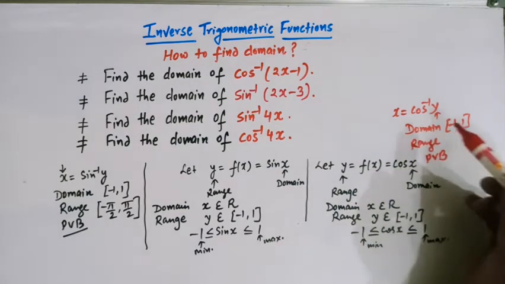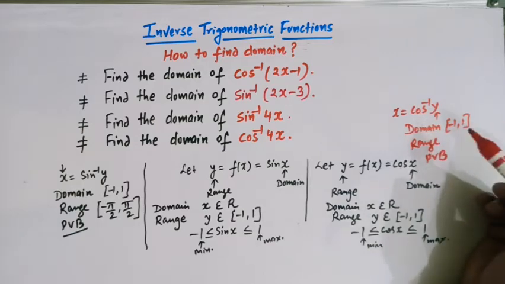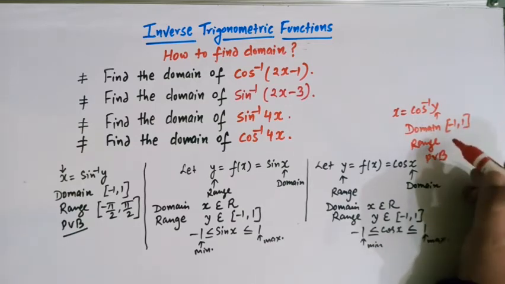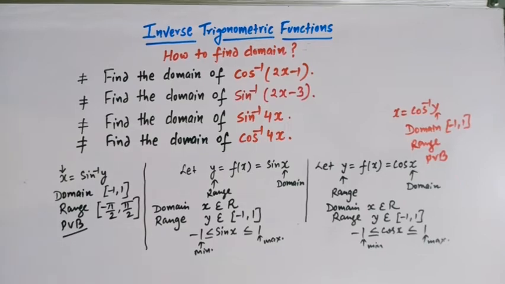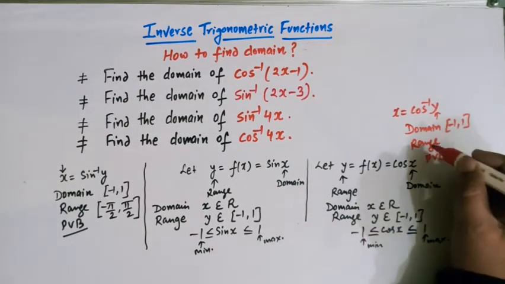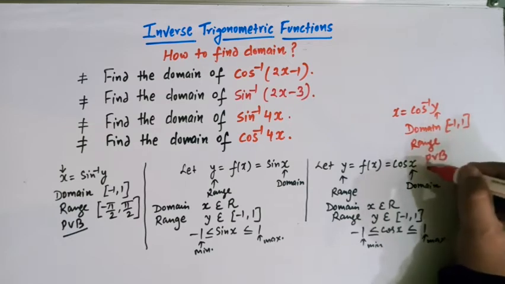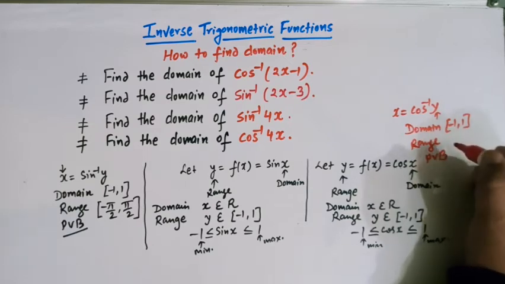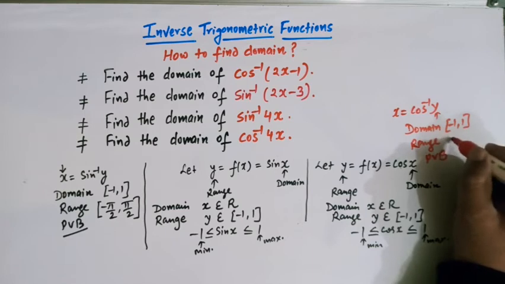We cannot write the whole real number line as the range, so again we restrict ourselves to the principal value branch, and the principal value branch is the interval from 0 to pi. So this is the range.